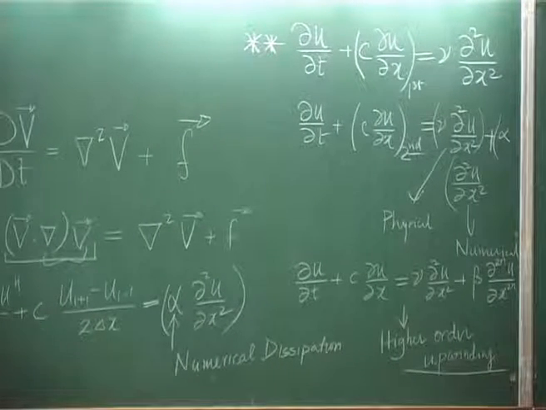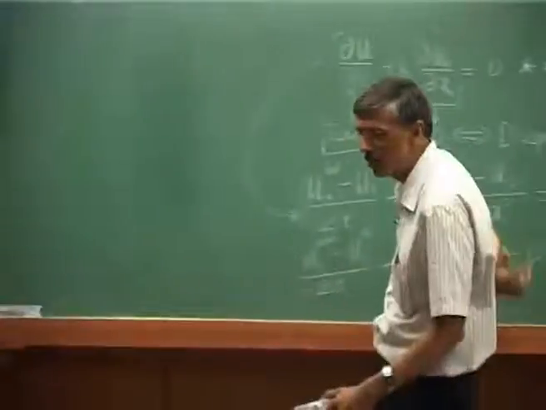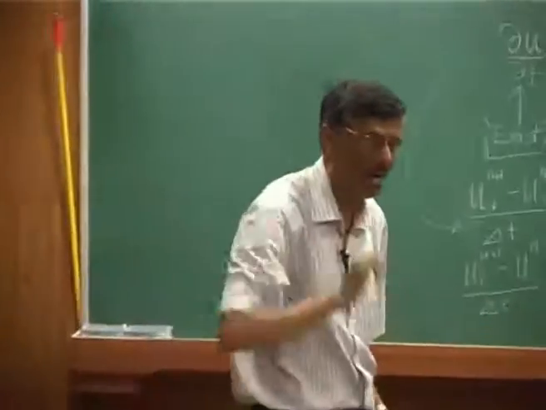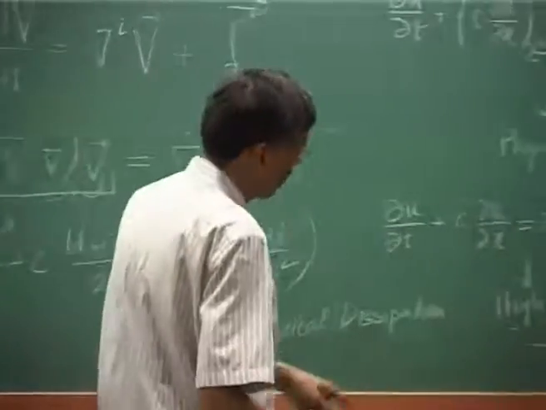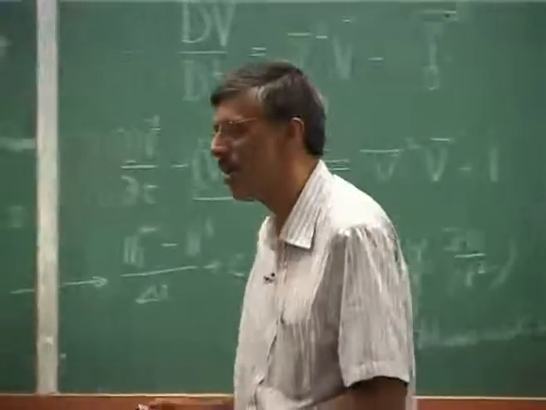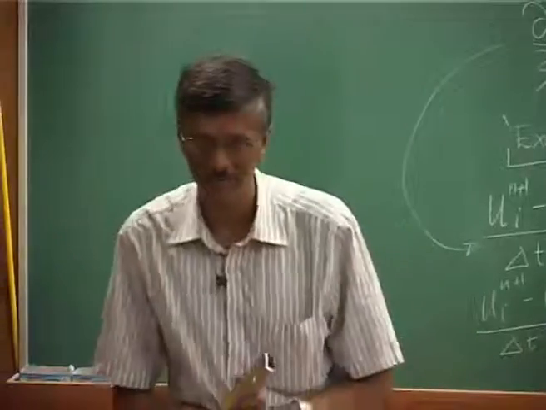Those of you who may have heard people talk about spectral method, which is supposed to be the most accurate numerical method of computing. Even in spectral calculations, people do add such terms, and of course, they give a very fanciful name. They call it as hyper viscosity term.